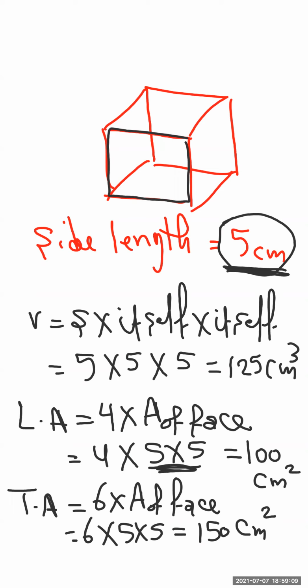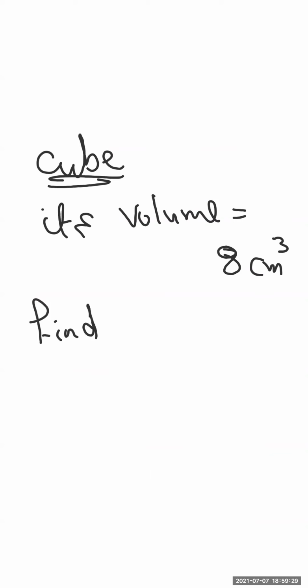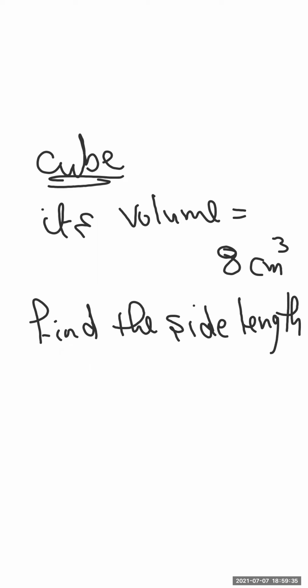Okay? The next point, if there is a cube and its volume equals 8 cubic centimeters, find the side length. We know that the volume equals the side times itself times itself, right?